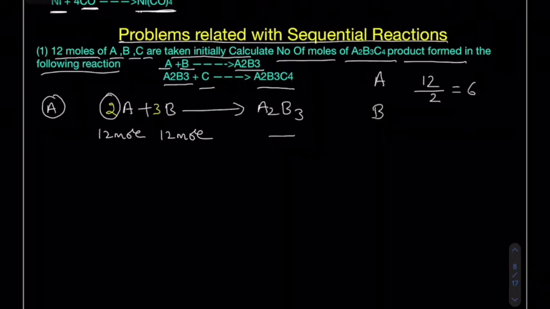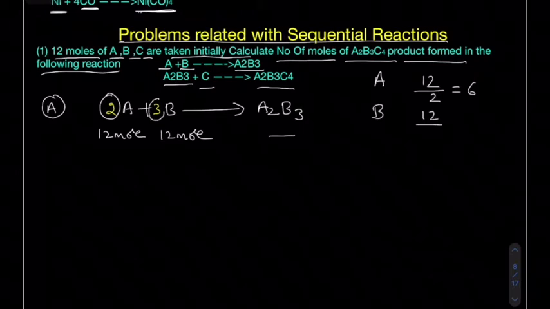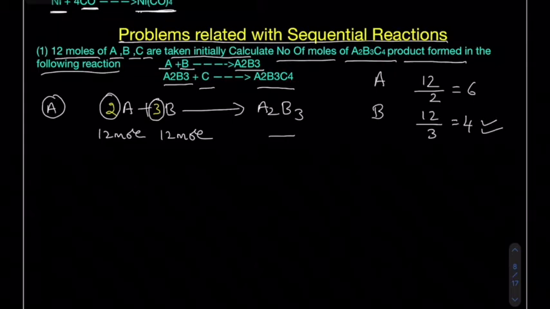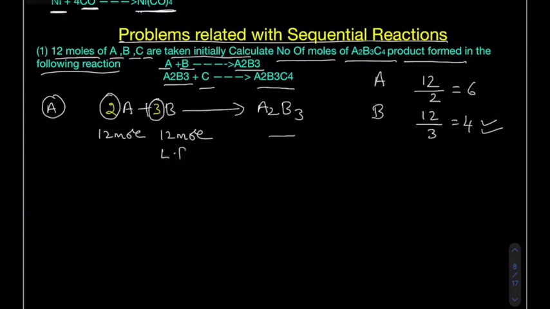In case of B, the number of moles of B is 12, and its stoichiometric coefficient is 3. So here you have 4. Between 4 and 6, which is the minimum value? 4. That's why B will be the limiting reagent. Now A will be the excess reagent. Are you getting my point?